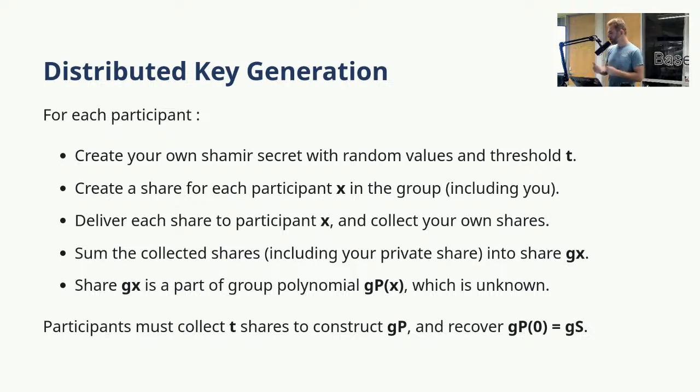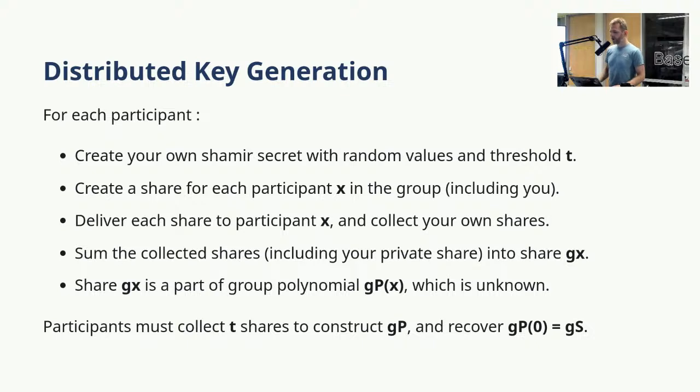So everybody has a share of this group polynomial, but nobody knows what the secret is. That works pretty great. One issue, though, is that if people do come together and reconstruct the secret, well, then you have essentially the question of who gets control of the secret.